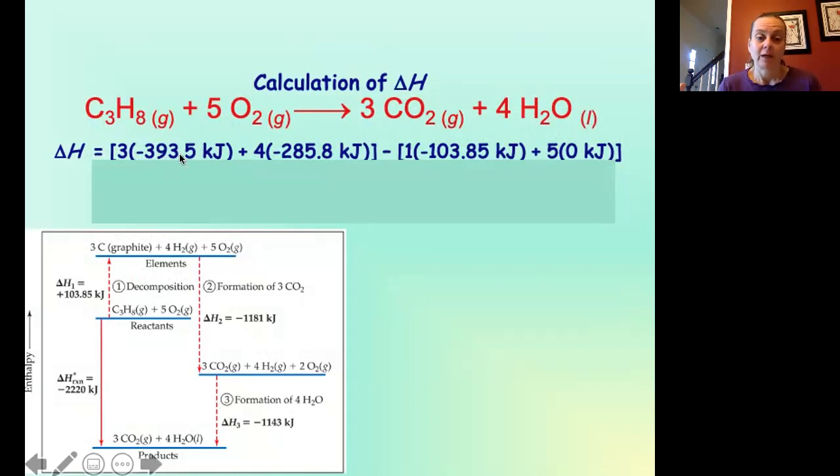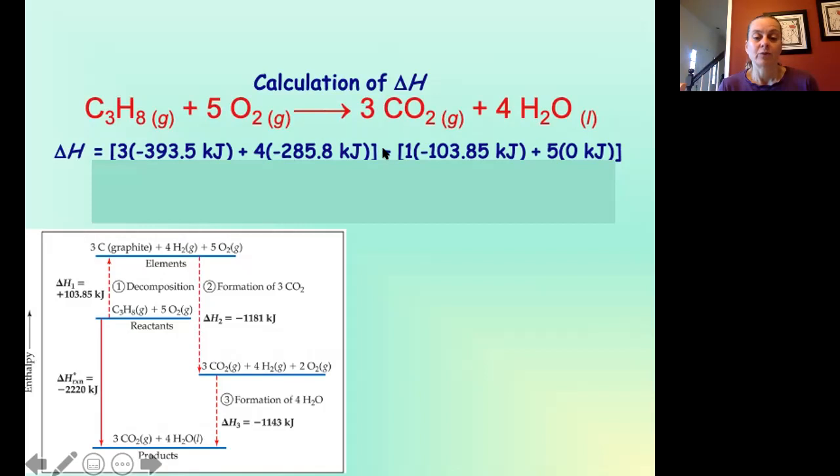Enthalpy of formation of gaseous carbon dioxide is negative 393.5 kilojoules. We're going to multiply that by 3 because we have 3 moles of carbon dioxide. The enthalpy of formation of liquid water is negative 285.8 kilojoules. We're going to multiply that by 4 because there's a stoichiometric coefficient of 4.